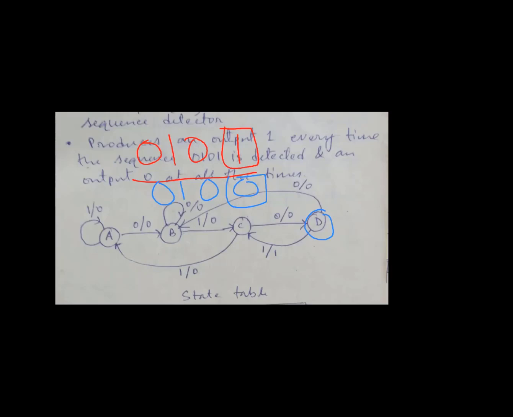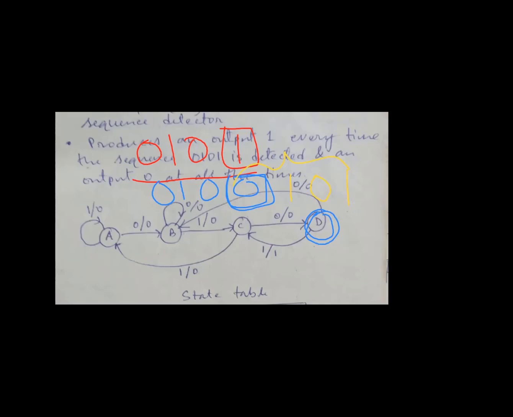Again, just look ahead. What is the minimum number of bits required in this case to get back the sequence? When we are over D and input is 0, not 1, then if we get a 1, 0 and 1, it will again repeat the sequence.